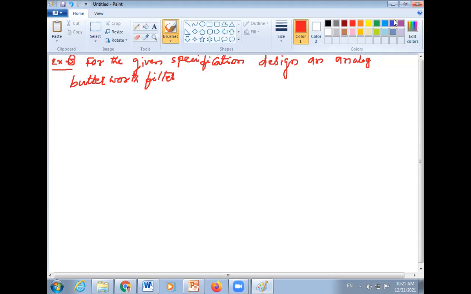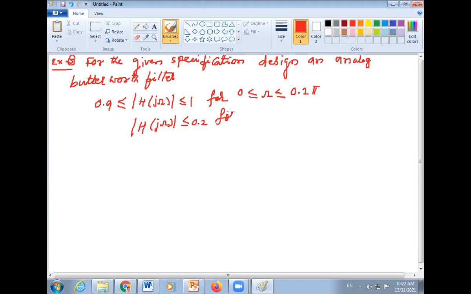Okay, let us do the solution for this. First we'll note down the specification. It is given as 0.9 less than or equal to mod H of j omega, mod less than 1, for 0 less than or equal to omega less than or equal to 0.2 pi, then mod H of j omega is less than or equal to 0.2 for 0.4 pi less than or equal to omega less than or equal to pi.